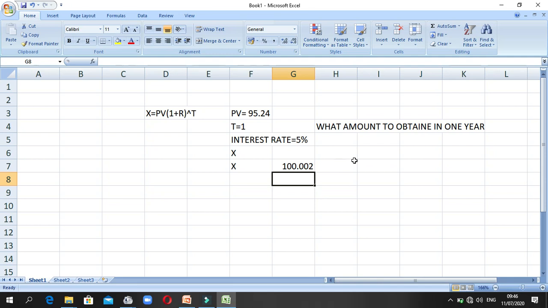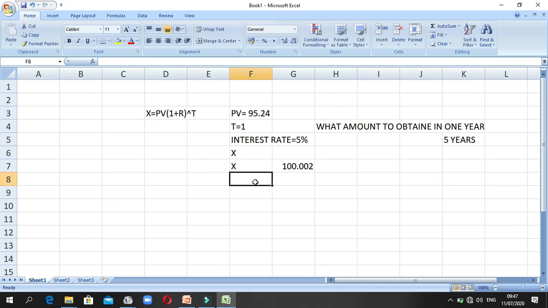An examiner can also ask what amount will be obtained in 5 years. So let's look at how to get it. In 5 years, it is a simple procedure.